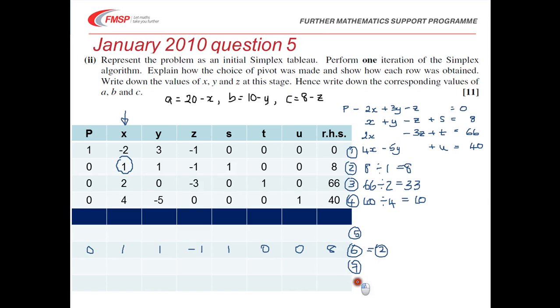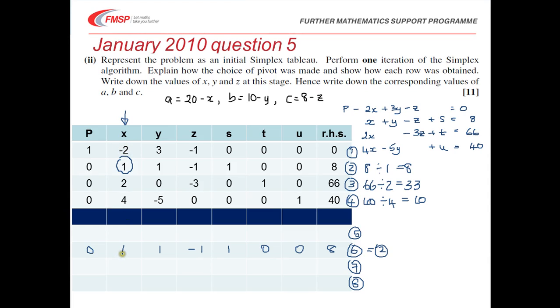What we then have to do is we have now got to augment our table to find rows 5, 7 and 8. And the Simplex algorithm says that to do this we have got to make the entry above or below the pivot. These entries have got to become 0. So if this entry has got to become 0, then we are going to have to add 2 lots of 1 onto this minus 2.